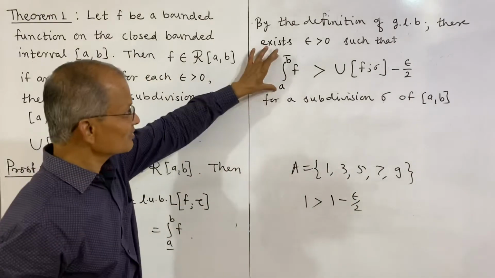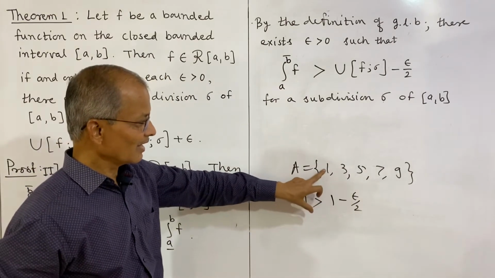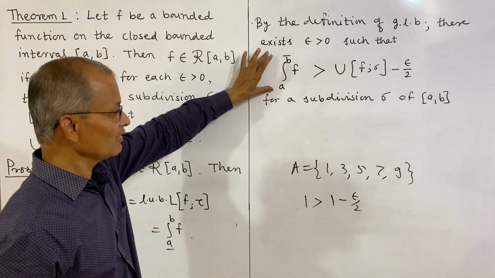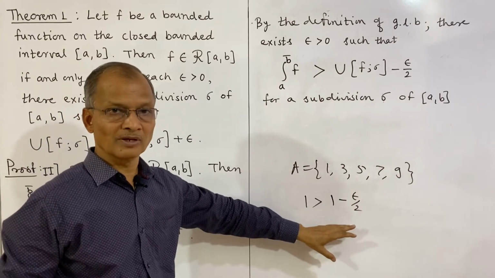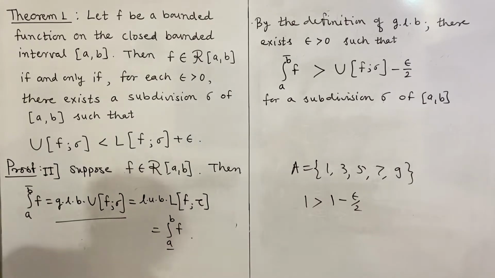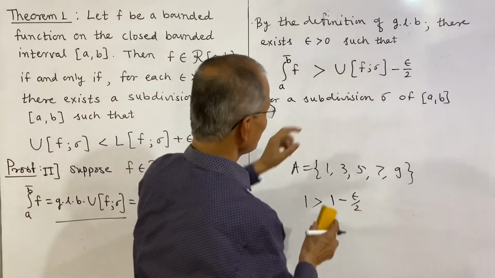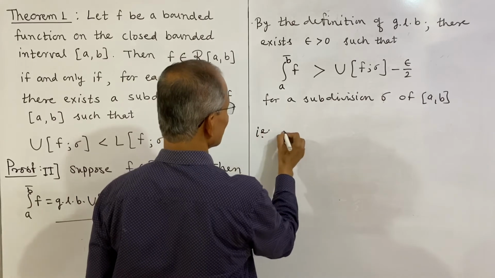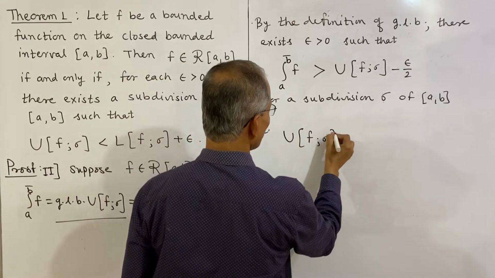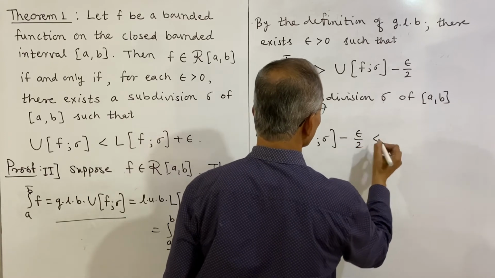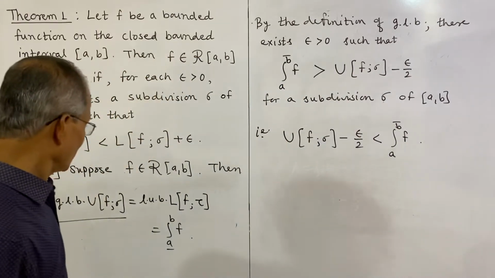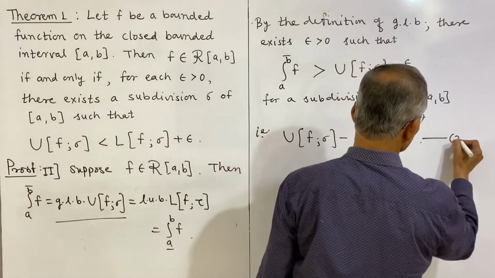This will not remain the lower bound if we decrease it by epsilon by 2, and thus this relation gives that the upper sum of f on sigma minus epsilon by 2 is less than the upper integral of f. Now we can take this as our second relation.